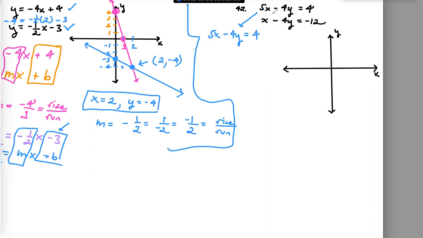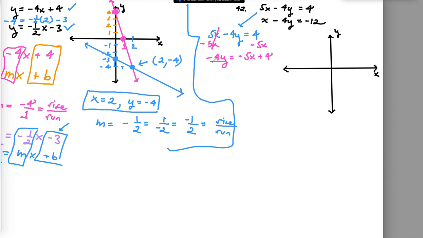Graph both of them, see where they intersect, and that's your solution. But to graph them, you first have to get them in the form y equals mx plus b. So in this top equation, the first thing I do is subtract 5x on both sides. Negative 4y is equal to negative 5x plus 4.